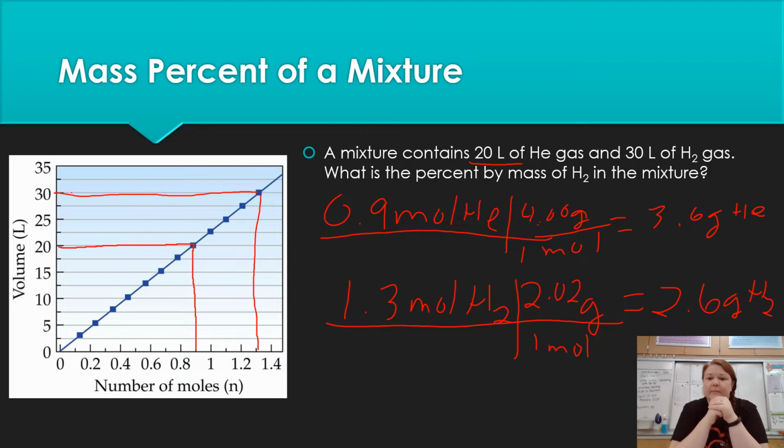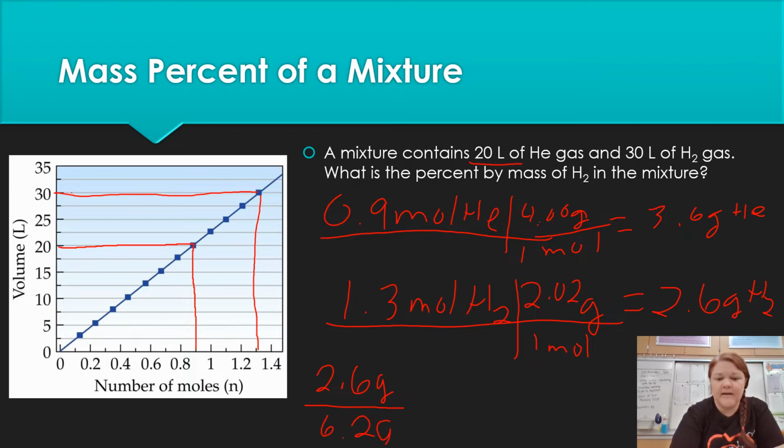All right, so we've got our mass of each of our chemicals. We've taken that step. Now our question is looking for the percent by mass of hydrogen in the mixture. So we're analyzing hydrogen in the total mixture. If we want to find that percentage, we're going to take hydrogen's mass, 2.6 grams, and divide it by the total mass of the mixture. So we have 3.6 plus 2.6, and we get 6.2 total. So we're adding up the mass of both of our chemicals there.